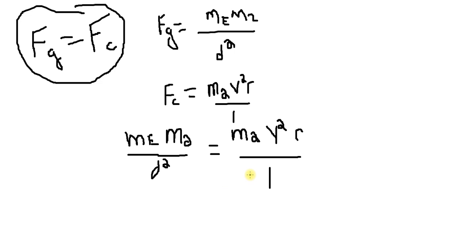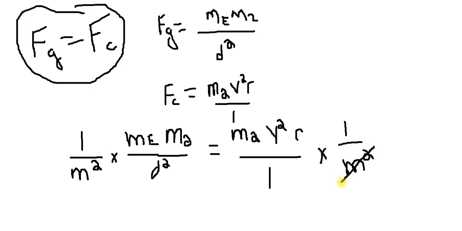But notice here, anytime you have something on one side of the equation and it's also on the other side of the equation, remember we can cancel those out by multiplying both sides by the inverse of whatever that is. So we'll do the same over here. And now the mass of the object, i.e. our astronaut, cancels out on all sides of the equation.